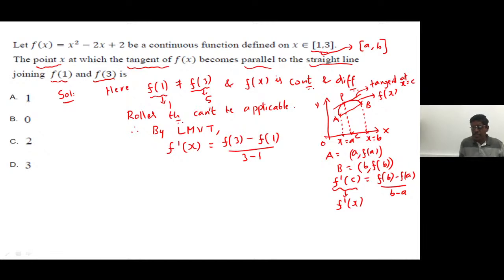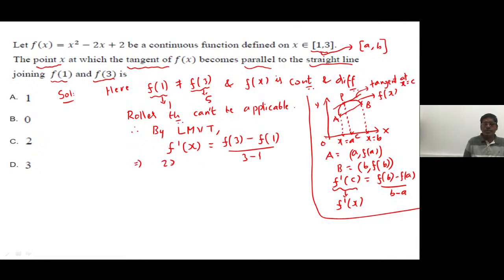Like x1 y1 and x2 y2, it is y2 minus y1 divided by x2 minus x1. That is what I wrote here. So this is the geometrical interpretation. The right side, f(b) minus f(a) by b minus a, is the slope of the straight line joining f(a) and f(b). The left side, f dash x, is the slope of the tangent to the curve at the point x. So what is f dash x?